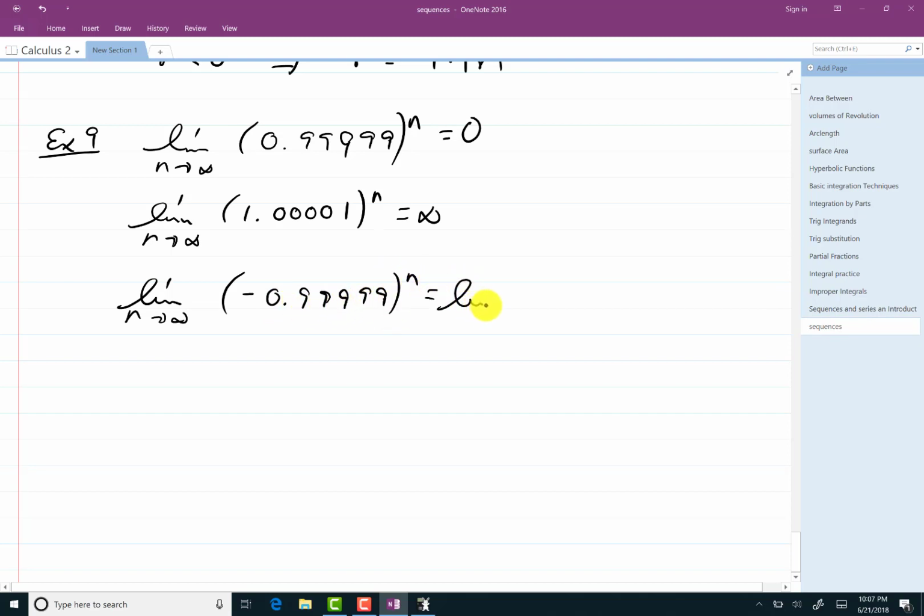I'll rewrite it as -1 to the n times 0.99999 to the n, and this is just going to oscillate. You'll have a negative term, then a positive term, a negative term, positive term, but the oscillation won't matter because this piece right here is going to 0.